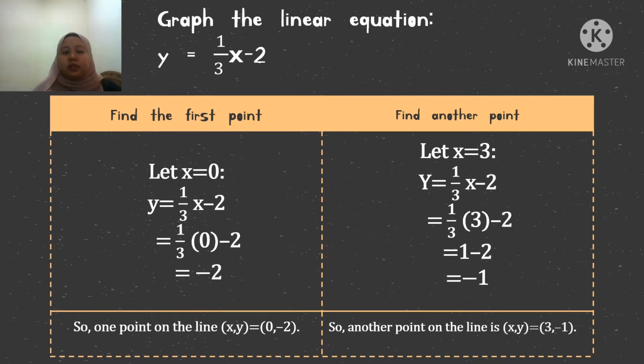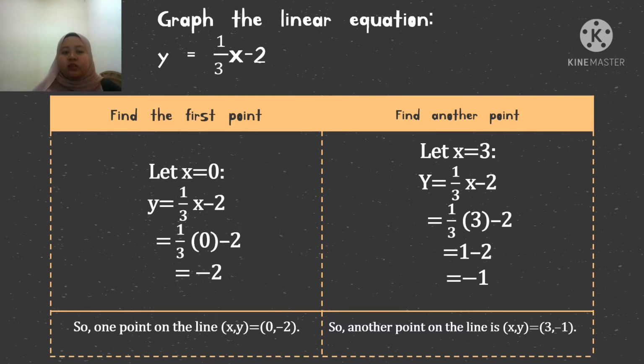The first value of x that I choose is x equals 0. Substitute the x value into the equation and we get the y value is negative 2. So 1 point on the line is (0, negative 2).